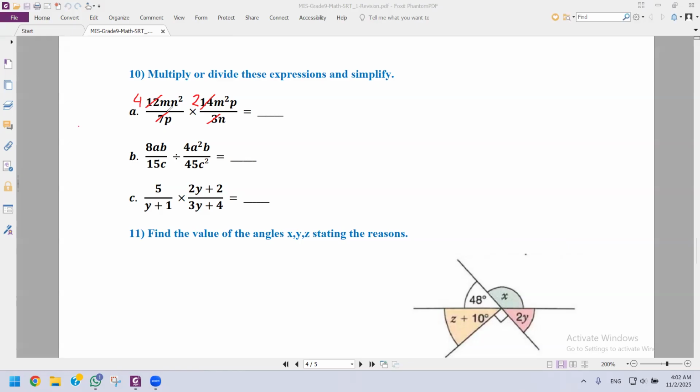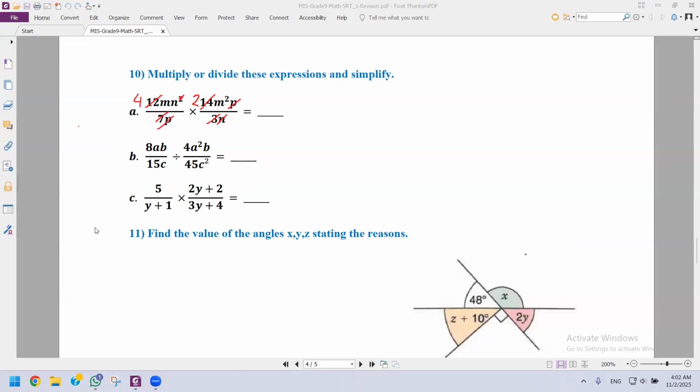Now we check the letters, the variables. I have p up and p down. It's cancelled. Now I have 1n down and 2n up, so I will cancel the power. Can I cancel that m with that m? No. Why? Because both of them are up. Should be 1 up, 1 down.